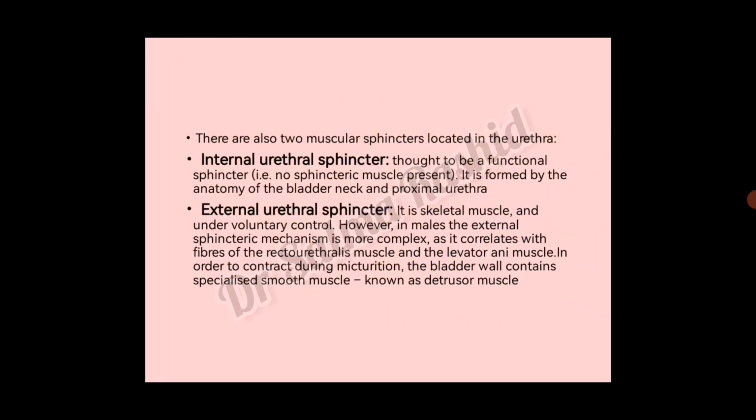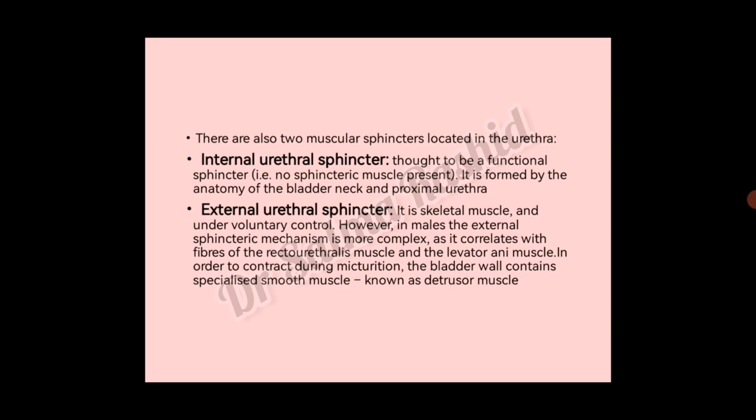There are also two muscular sphincters located in the urethra. The internal urethral sphincter is thought to be a functional sphincter, with no sphincteric muscle present. It is formed by the anatomy of the bladder neck and proximal urethra. The external urethral sphincter is skeletal muscle and under voluntary control.